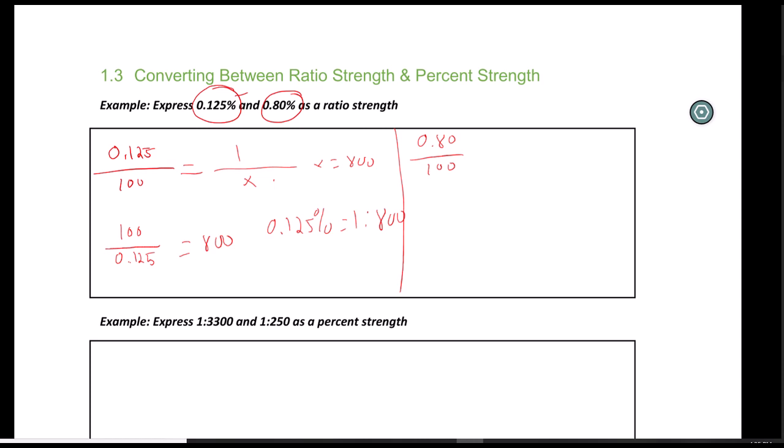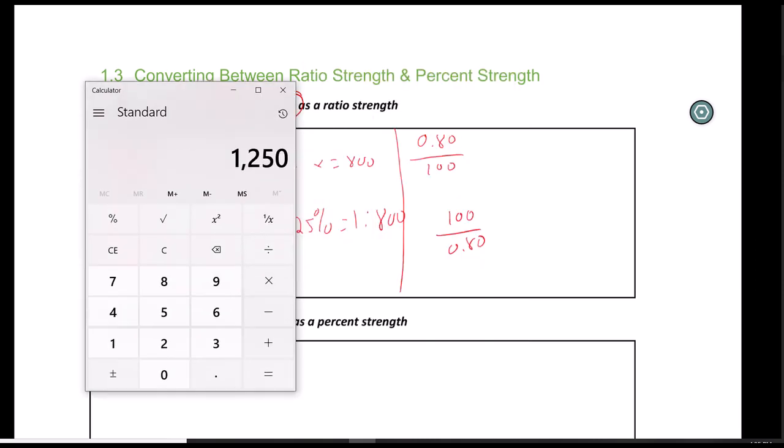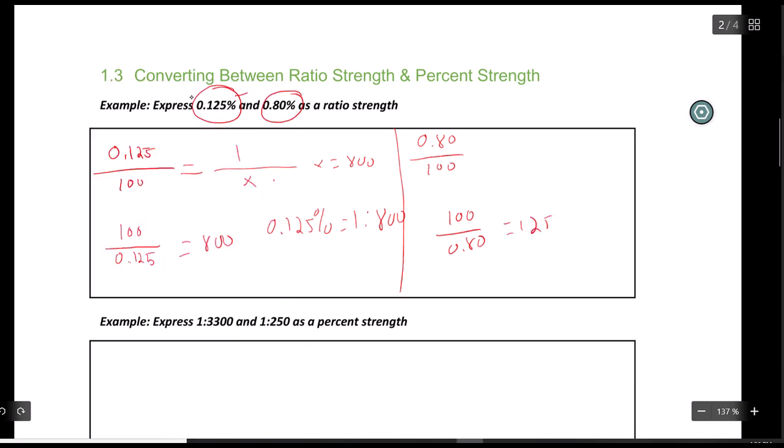In order to take that into ratio strength, flip it upside down, so you have 100 divided by 0.8, right? 100 divided by 0.8, and you get 125. So this is equal to 125, right? That means a 1 to 125 ratio strength is equivalent to 0.8%. And you should be able to work backwards, right? You should be able to take this 1 to 125 and work backwards and get this concentration.